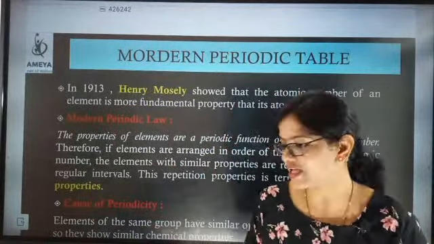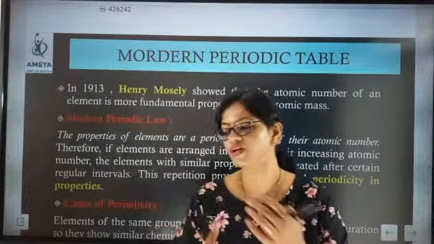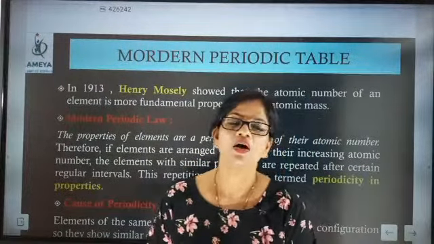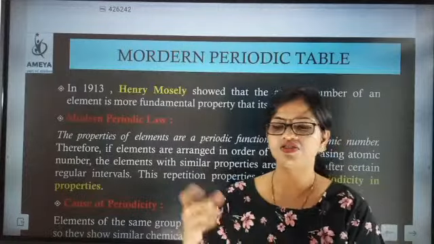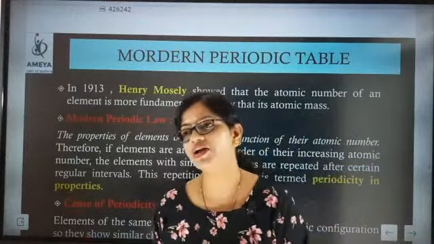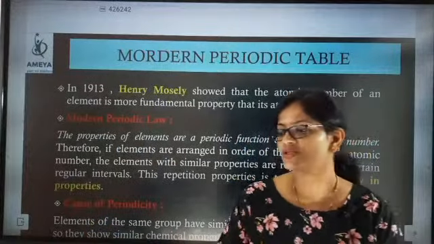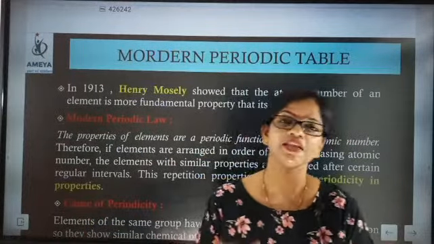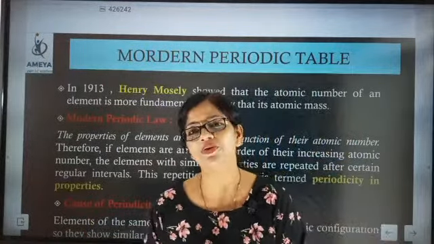They tried to arrange the elements, and the successive one, the one which got success, kept on succeeding. That is why I have used the word successive: after Dobereiner, then Newlands, then Mendeleev, and then the modern periodic table, we learned from our mistakes and then gave a very stable periodic table.